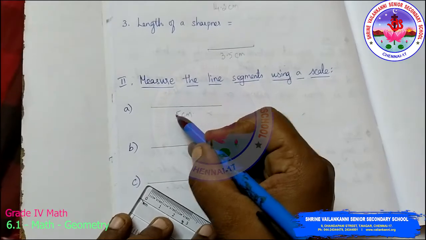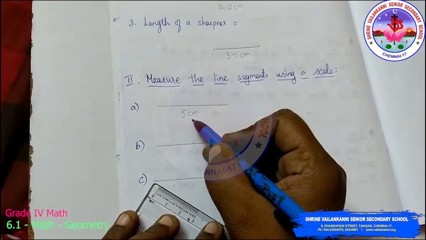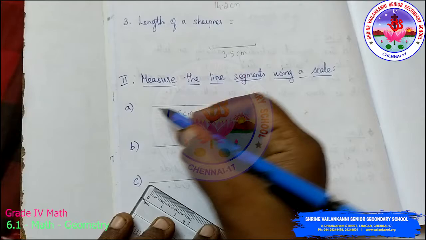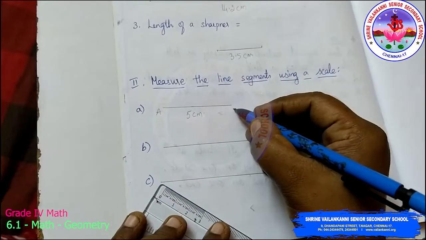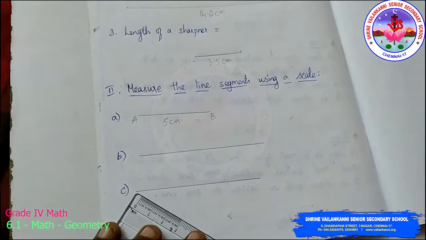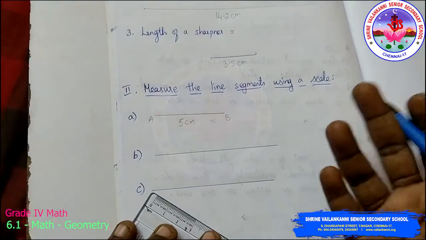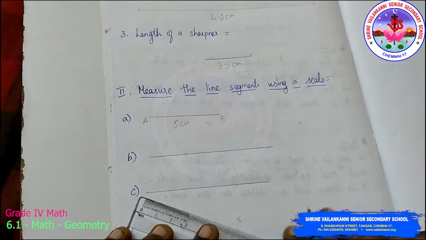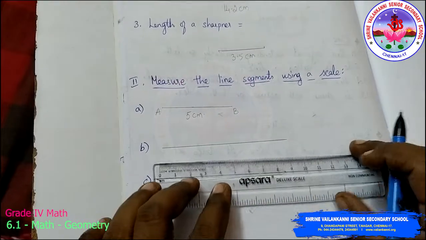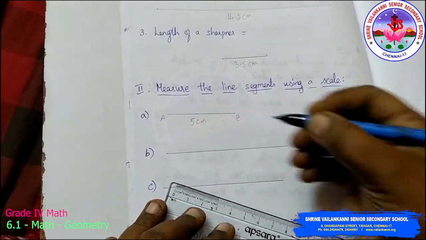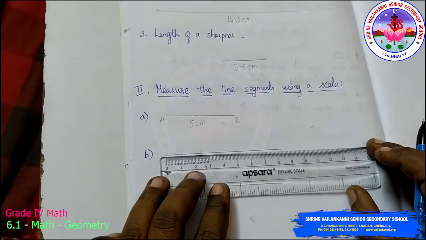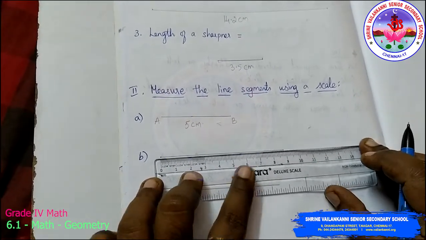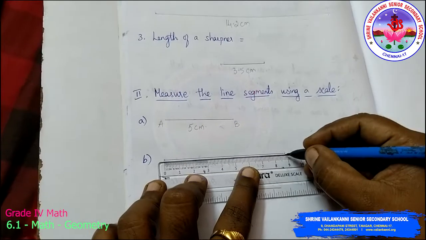Okay. After giving the measurement, you can label the segments with any alphabet, A, B, or any alphabet continuously, X, Y, C, D, anything you can give. For the second line segment, starting point, ending point, place the scale at 0.